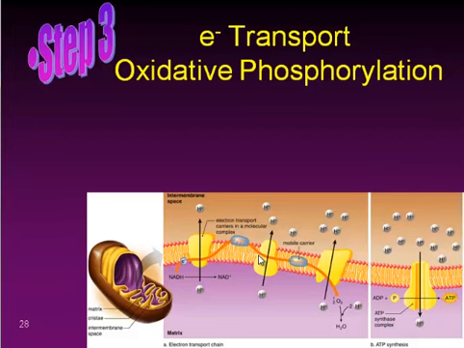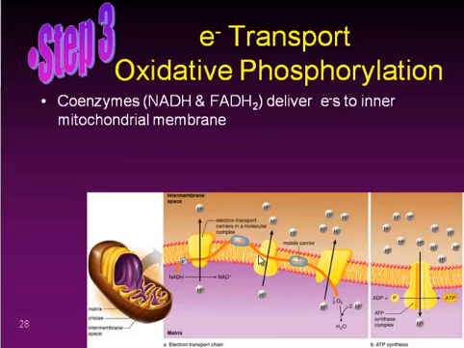And this process is actually where you're going to be making the bulk of your ATP. So all those high energy molecules, all those coenzymes that you created during glycolysis and the citric acid cycle, the NADHs and FADHs are now going to be used to deliver electrons.